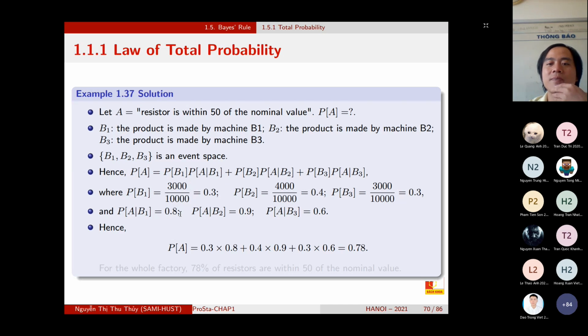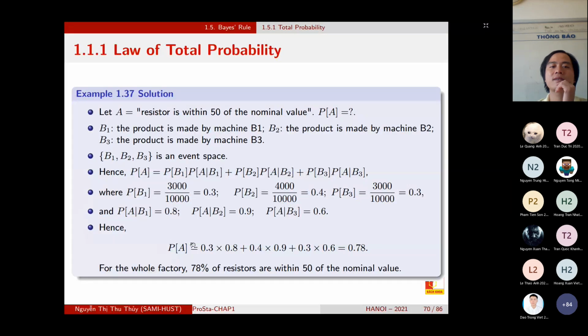If you conduct the test, the probability that one product from that bin passes the test is only 78%, for the whole factory. Yeah, that's the meaning of the law of total probability.